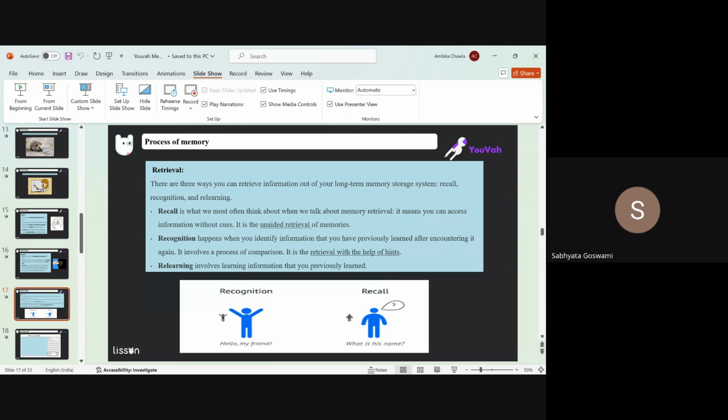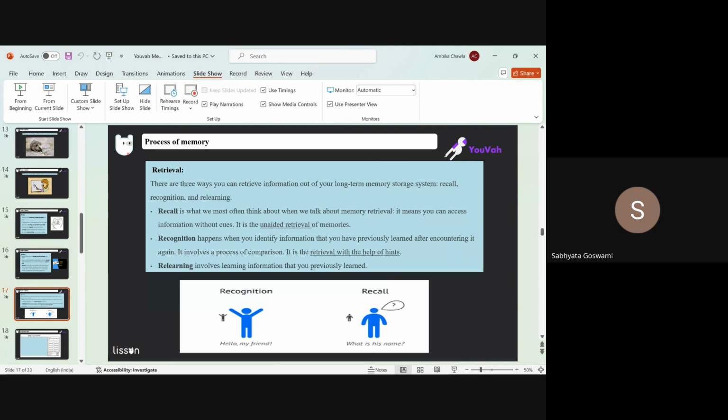The third process of retrieval is relearning. So what happens basically is that relearning involves a phenomenon where we learn again something that we have learned in the past, and it will be easier to learn. For example, if any of you have ever studied a foreign language, like French or Sanskrit, right? You guys might not have read it for a few years now, 3 years, 4 years. But if I give you a text of a similar language, you might be able to pick up a few things or learn them faster than everybody else around you because you have already learned it in the past.